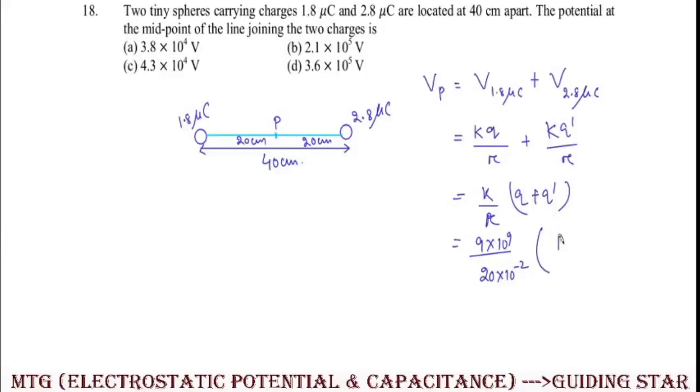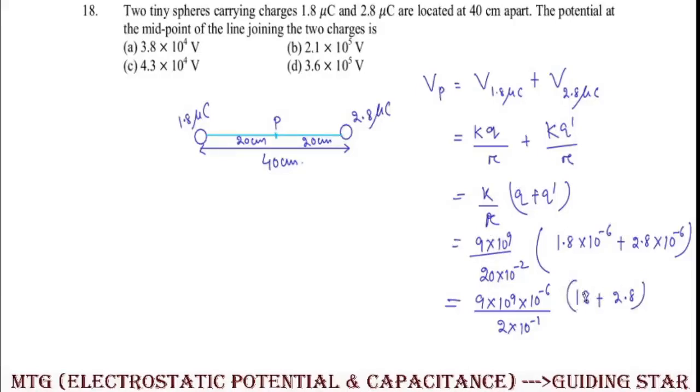q is 1.8 microcoulomb, that means 1.8 into 10 to the power minus 6, plus 2.8 into 10 to the power minus 6. So 9 into 10 to the power 9, taking 10 to the power minus 6 outside, all divided by 2 into 10 to the power minus 1. So it will be 1.8 plus 2.8, which is 4.6.